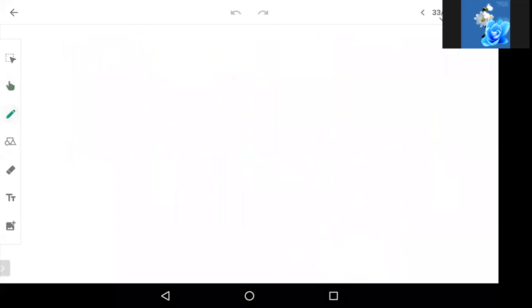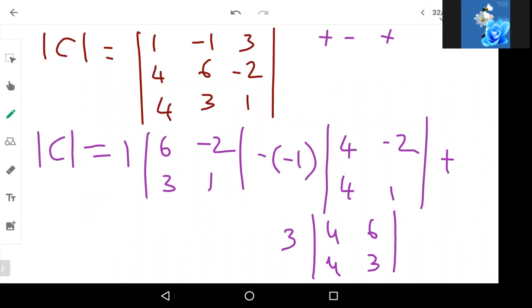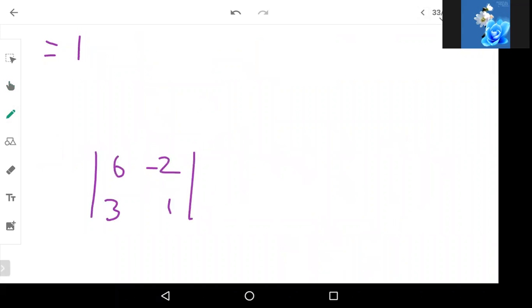So you will have is equal to 1 into, what was the matrix that we had? 6 minus 2, 3 and 1. Correct? So we'll have to cross multiply. So what you will have here is 6 into 1, 6 ones are 6. Minus 2 into 3.